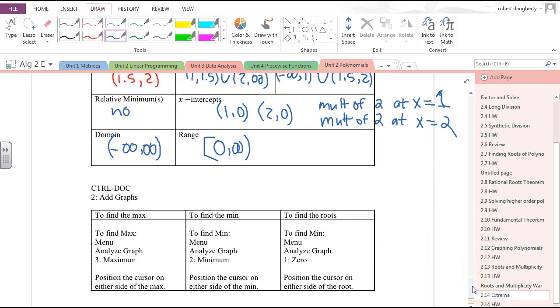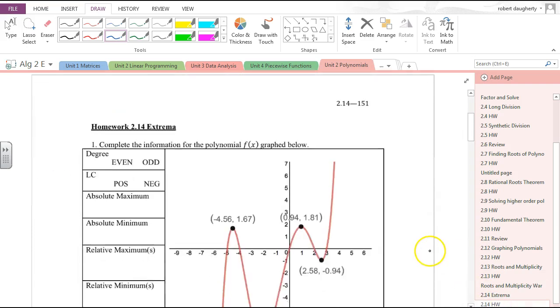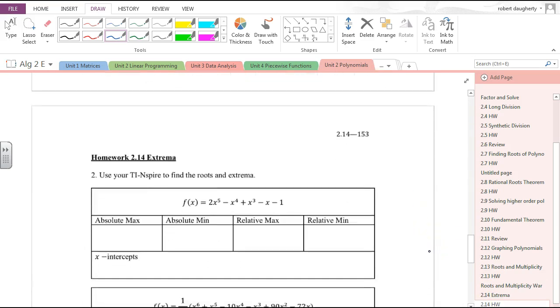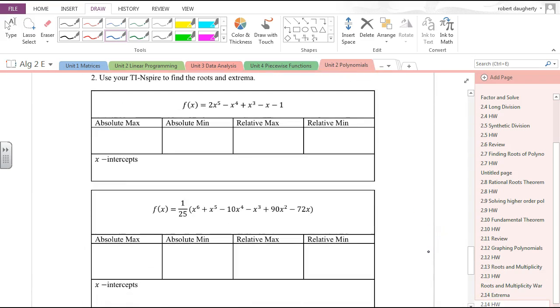So what I want to do real quick, let's look at one in your homework just to make sure we're getting this TI Inspire thing down. So let's look at one that's using your TI Inspire. How about this one right here?